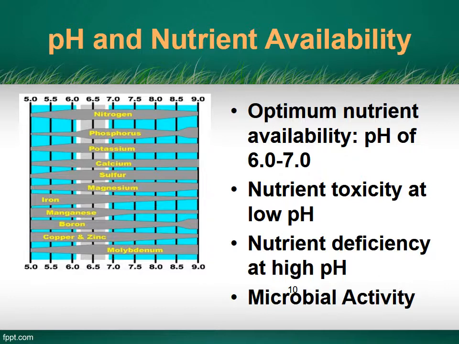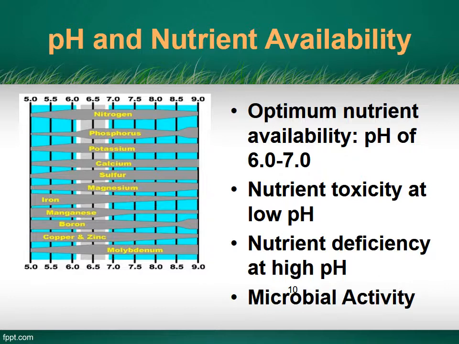On the right-hand side is a pH of 9.0, which is very alkaline. If you're looking at how available any nutrient is at a certain pH, you can go by how wide the line is. So starting at the top, nitrogen is freely available at a very, very wide range of pHs. pH generally does not tie up nitrogen or cause any problems with nitrogen.